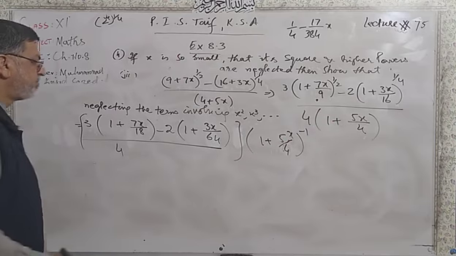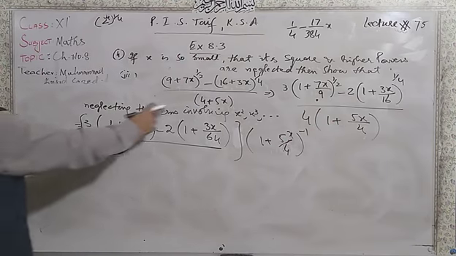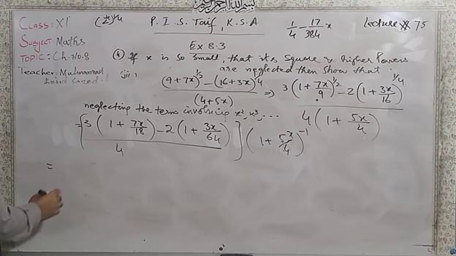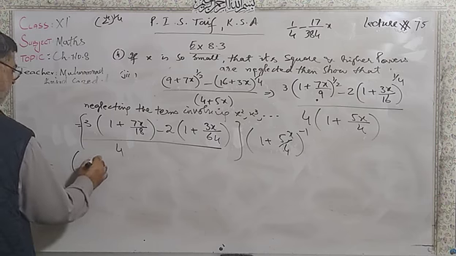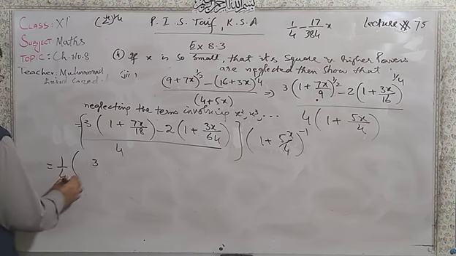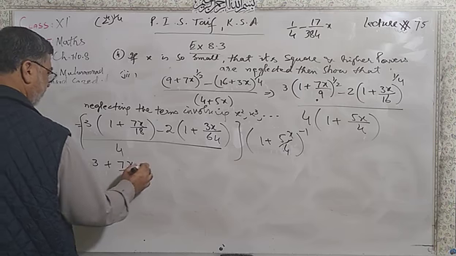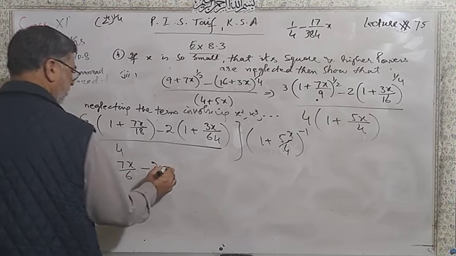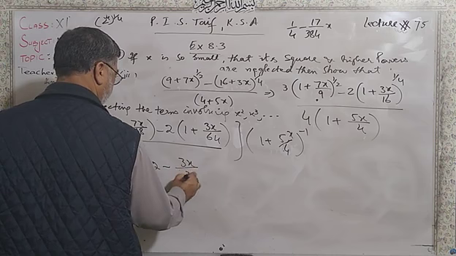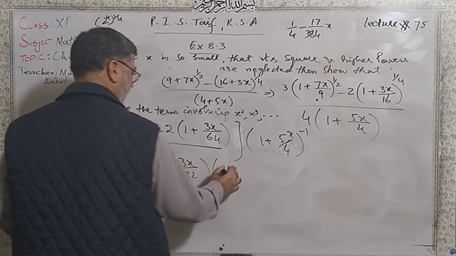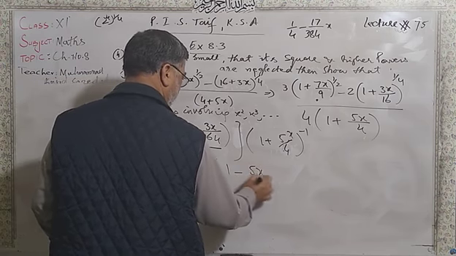Bring it up. Neglecting the terms involving x square and x cube, you can have 3 plus 7x over 6, minus 2 minus 3x over 32, into 1 minus 5x over 4.